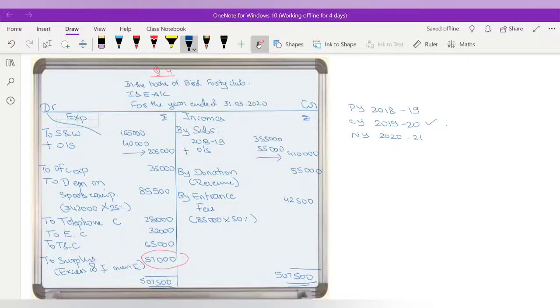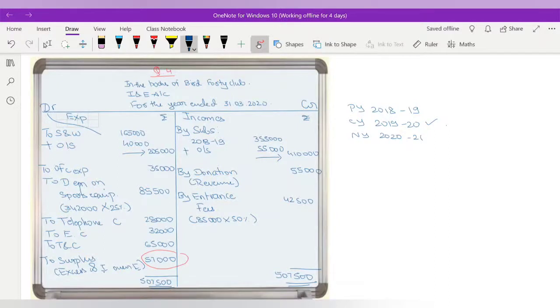Heading is very important: in the books of name of the NPO, then income and expenditure account for the year ended 31st March, so and so. You cannot skip anything in the heading part. After that, no use of shortcuts in the examination. Just for the sake of teaching, I am using the shortcuts in this video, but in your examination, you are not allowed to use any shortcuts. Clear? Shall we move ahead?